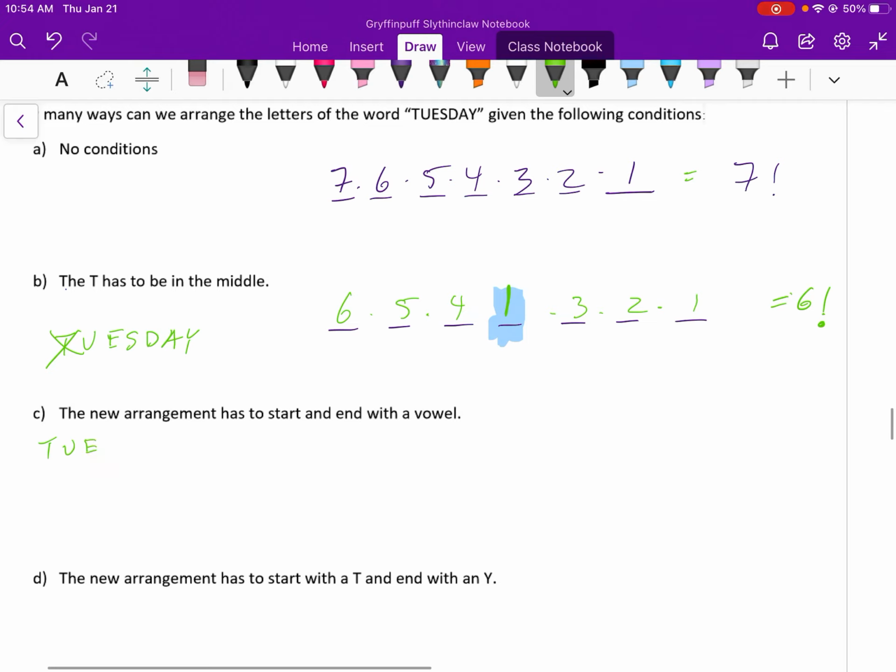Now, the new arrangement has to start and end with a vowel. So if I take the word Tuesday, it has to start and end with a vowel. There are 7 letters, and I notice that 3 letters are vowels in Tuesday. So there are 3 choices for the first letter, and then 2 choices left over.